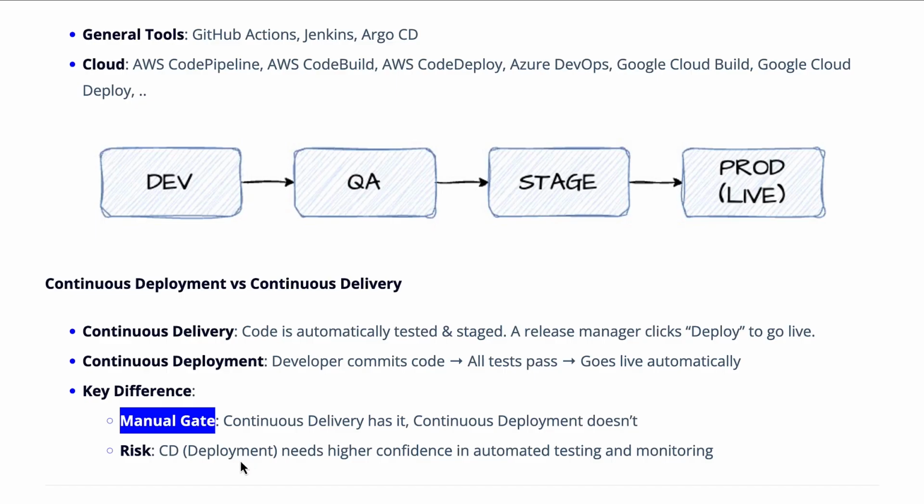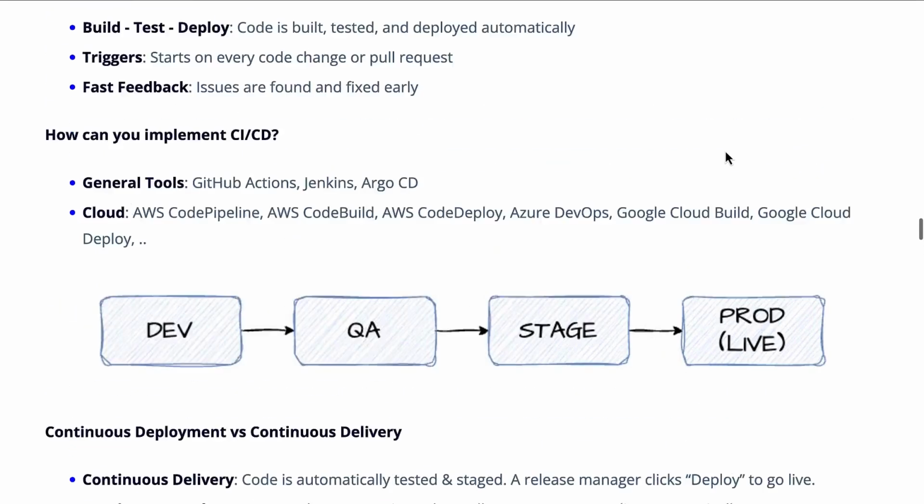And therefore, continuous deployment needs higher confidence in automation testing, as well as monitoring, as well as in the release processes. So your automation tests when you're doing continuous deployment should be good enough to catch all bugs. And your release management processes should be really, really strong, and they should be enabling you to roll back quickly in case there is any problem with a specific deployment.